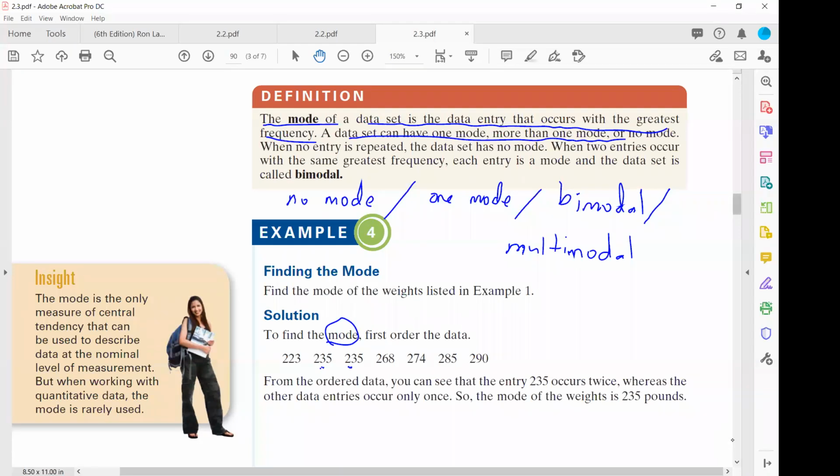So the mode of your data is 235. Here you have just one mode.